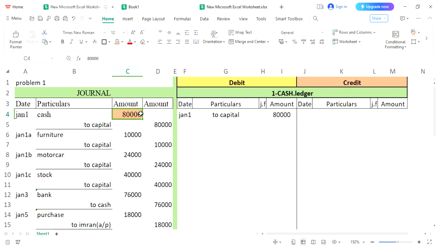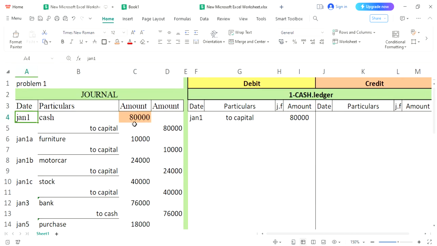So fear of skipping and fear of doubling the entry is absolutely minimized if you mark it. As you have marked it as it has been done, it means we will not be attentive to this entry again. Cash first entry January 1 is completed. You have marked it as it has been done.